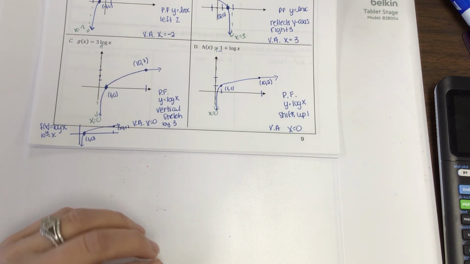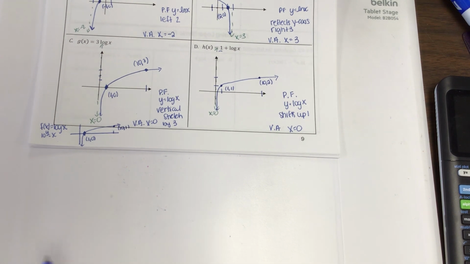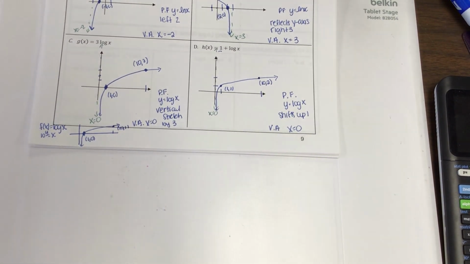Questions? So labeling these points really is what tells me that you know what you're doing. Do you agree with that? Okay, because your shape is very similar. Questions on this? Do we feel okay here? All right.